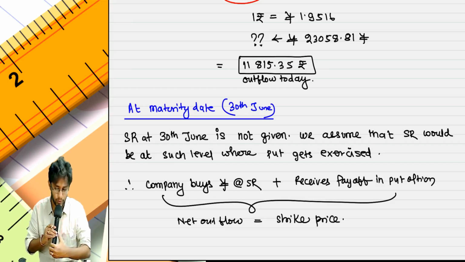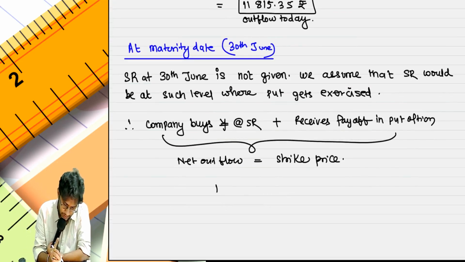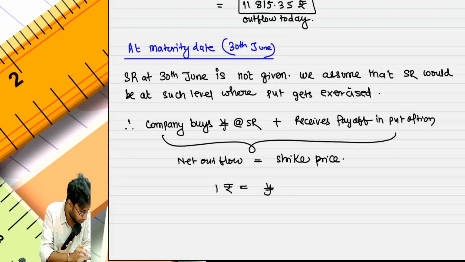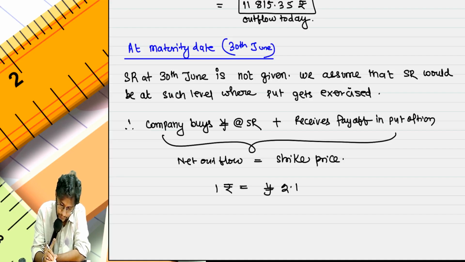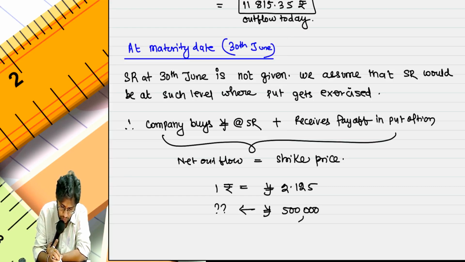Your net outflow will be equal to the strike, and the strike price is 1 rupee equal to 2.125, which was in the question and is already sorted out. This is 235,294 rupees.